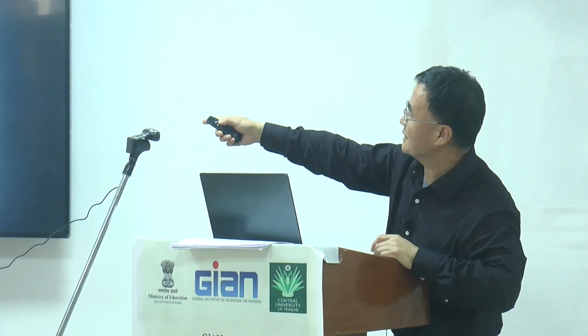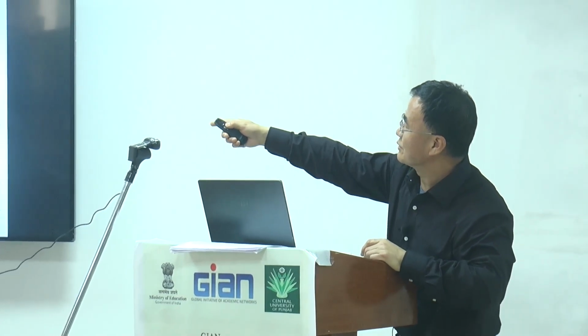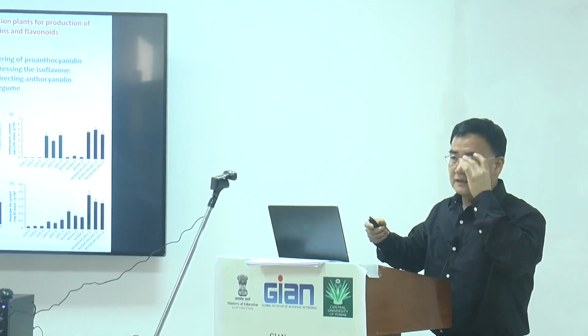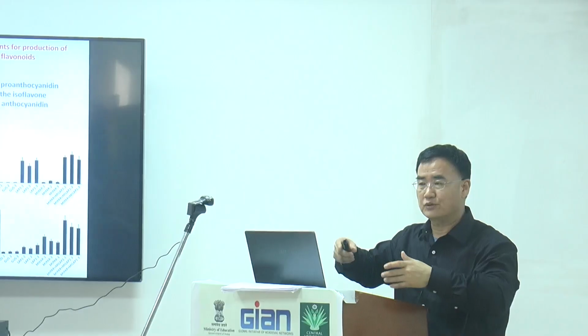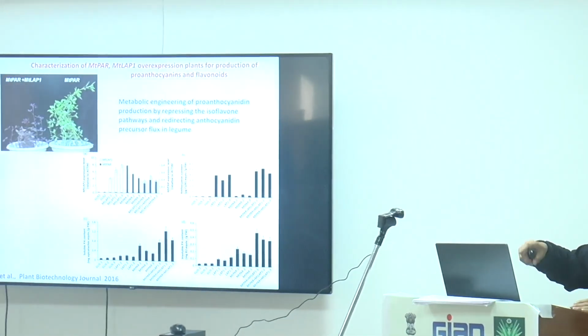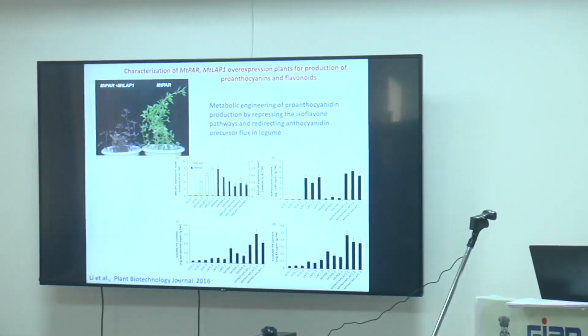So all of those will generate the transgenic alfalfa, which produces proanthocyanidin, enhancing the proanthocyanidin production in alfalfa. Normally they don't produce catechins or proanthocyanidin.